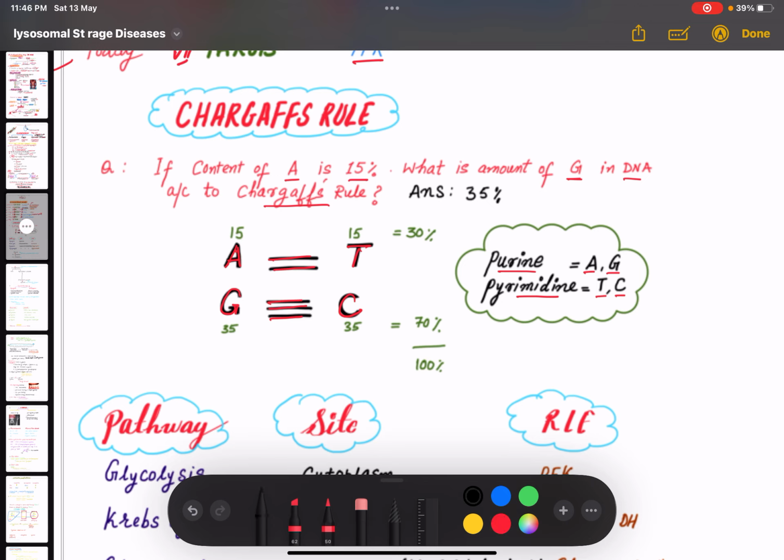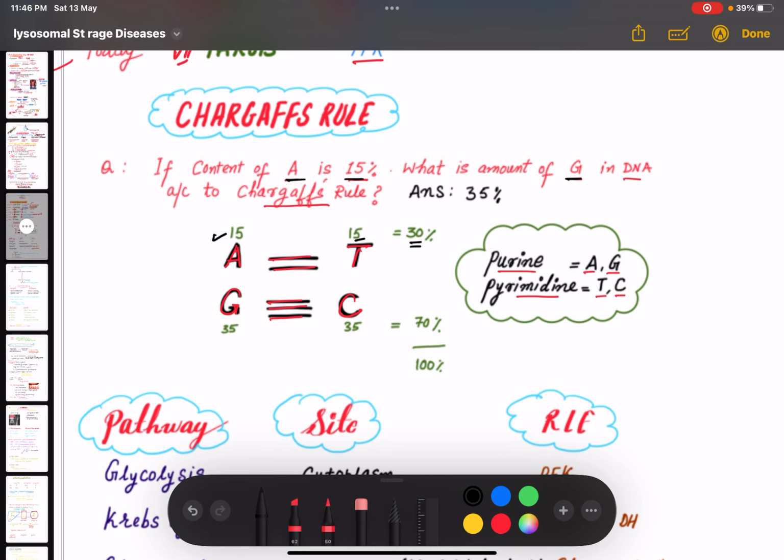See what the question is saying, that adenine is 15%. If adenine is 15%, thymine also will be 15%. 15 plus 15 equals 30. Now the question is asking, what is the amount of guanine? If total DNA equals 100%, and adenine is 15%, then adenine with thymine equals 30.